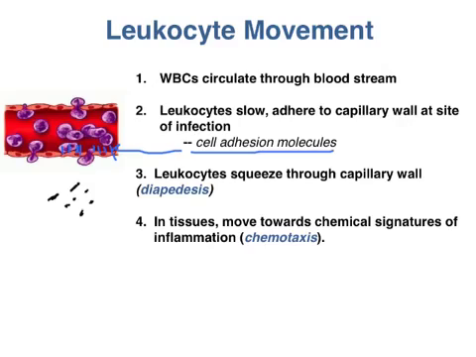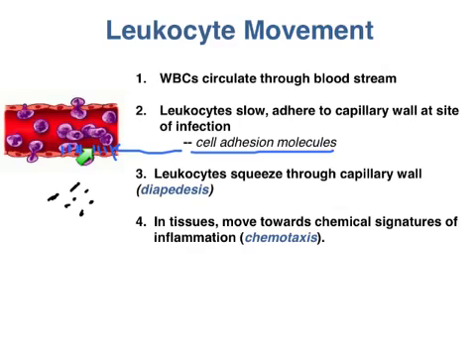So the endothelial cells, the cells that line the capillaries near the site of infection, are now expressing these cell adhesion molecules, and the leukocytes have little receptors on them that recognize the cell adhesion molecules. So the leukocytes grab onto the cell adhesion molecules and roll to a stop. Once they stop, leukocytes have the ability to squeeze through the capillary wall.